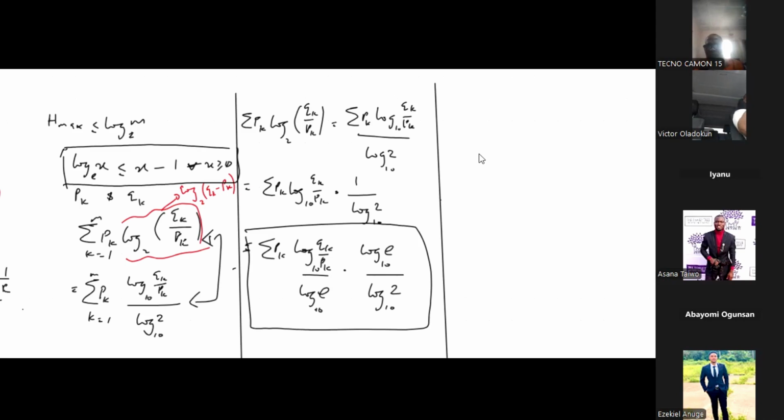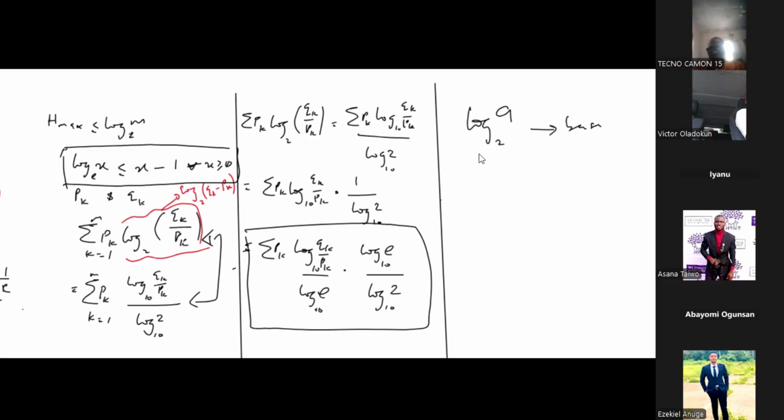Now, if we compare these two properties, look at when we move from base 2 to base 10. Let's use actual values. Now, I want to move from log A base 2 to base 10.